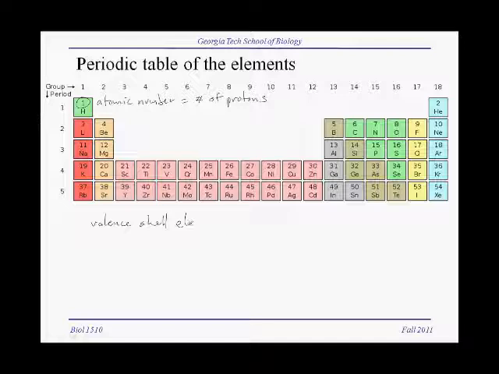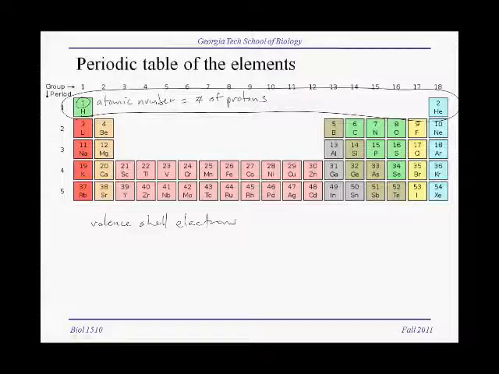In the first row, the electrons occupy the lowest level of energy. They're closest to the nucleus, and they're in what's called a 1s shell, which really isn't important for us to understand at this point. But what we need to understand is this shell, or energy level for electrons, has room for only 2.